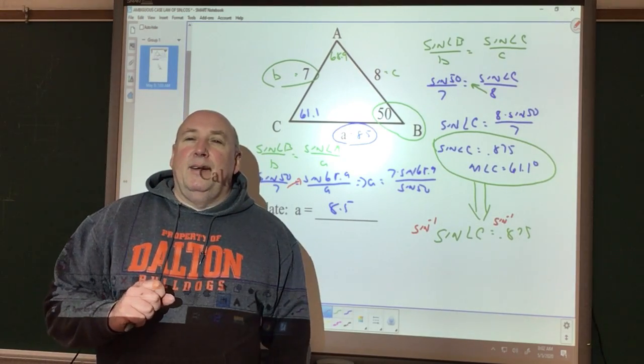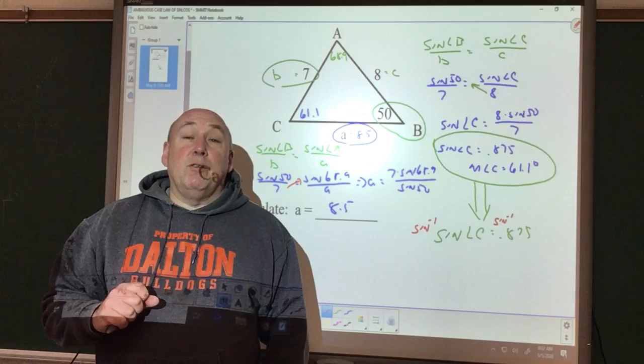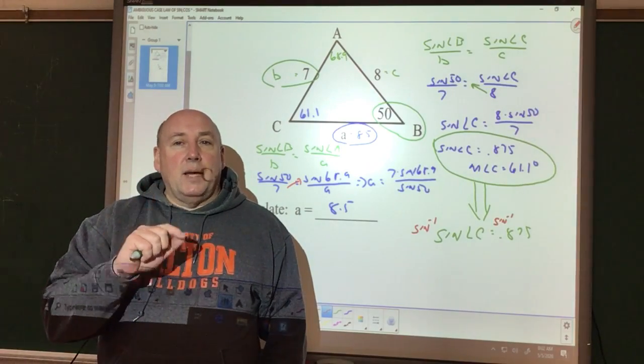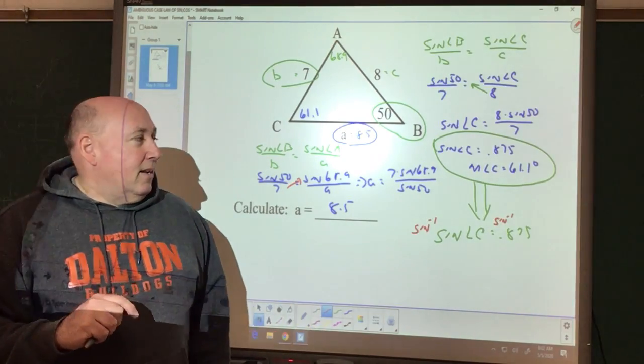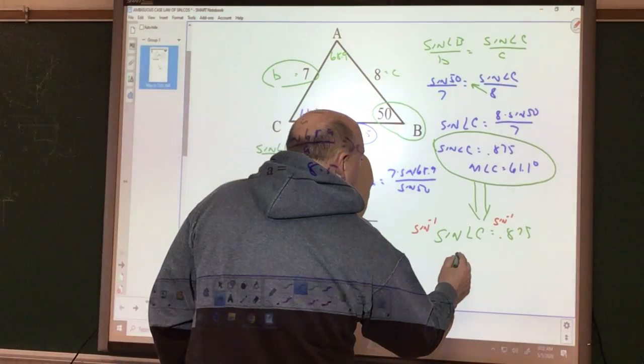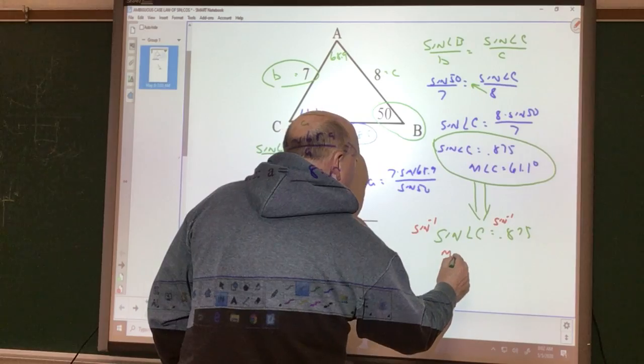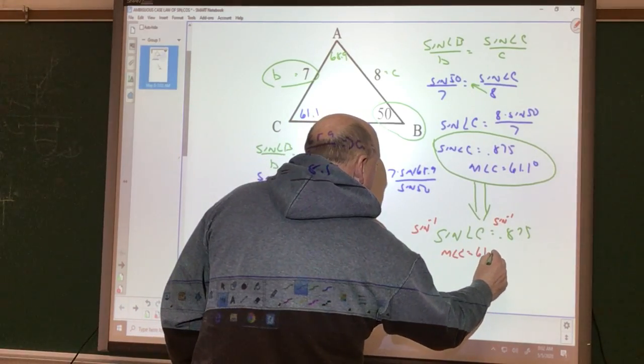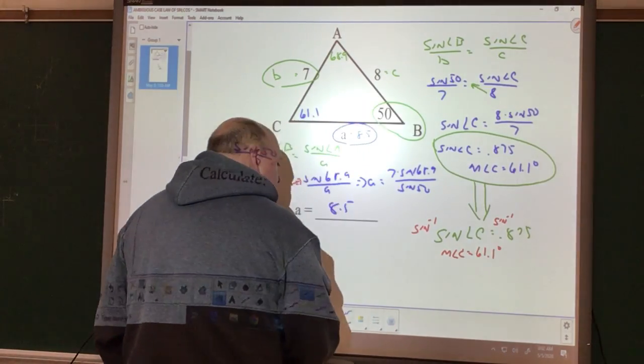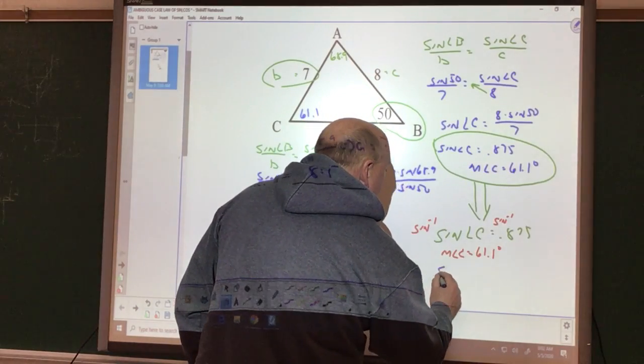Think. That's exactly correct. We had to worry about its supplement. So we came down to the measure of angle C was 61.1 degrees, but we also have to worry about its supplement.